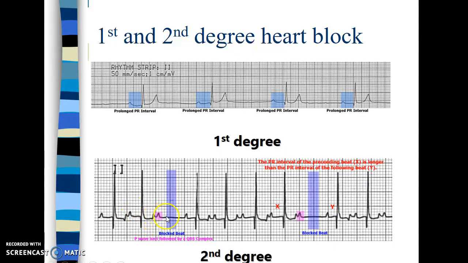And here's a P wave, no QRS. Then we have another P wave, and then we have a QRS. So the heart is pumping, but we have what is called a missed beat or a blocked beat. We're going to have occasional missed beats. That's not ideal, but it's not catastrophic.